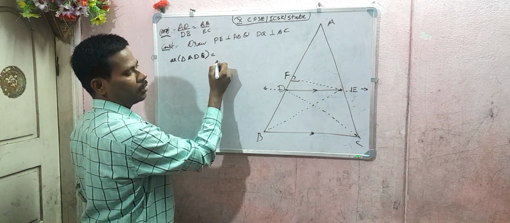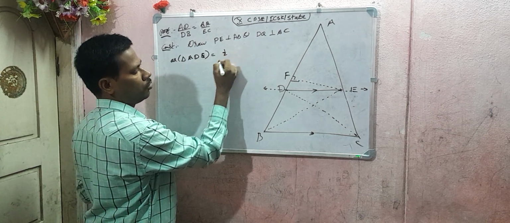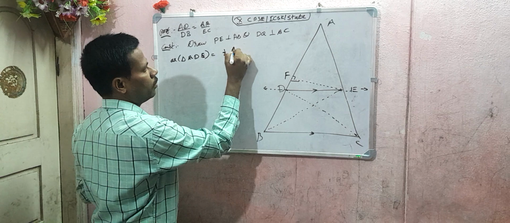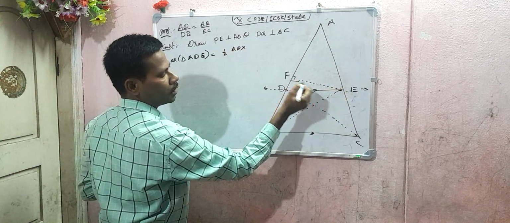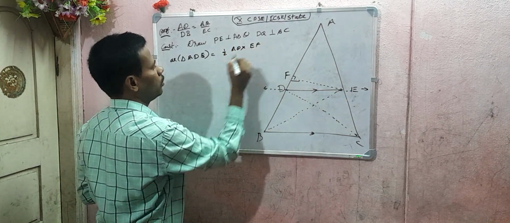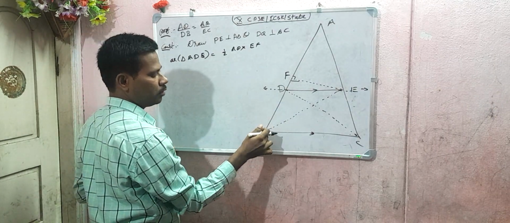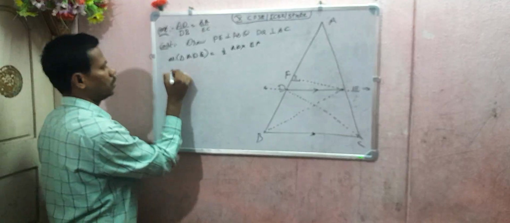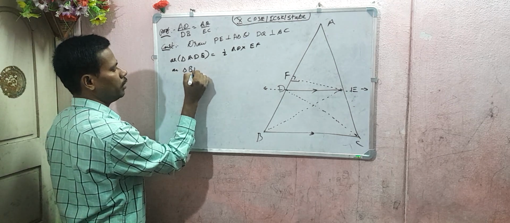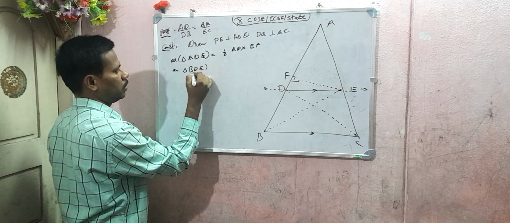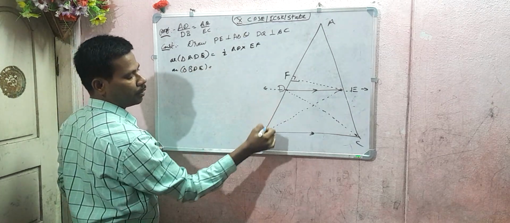Area of triangle ADE is equal to half into, what is the base? AD. What is the height? EF. Now take another triangle, this one, BDE, area of triangle BDE. What is the base here?